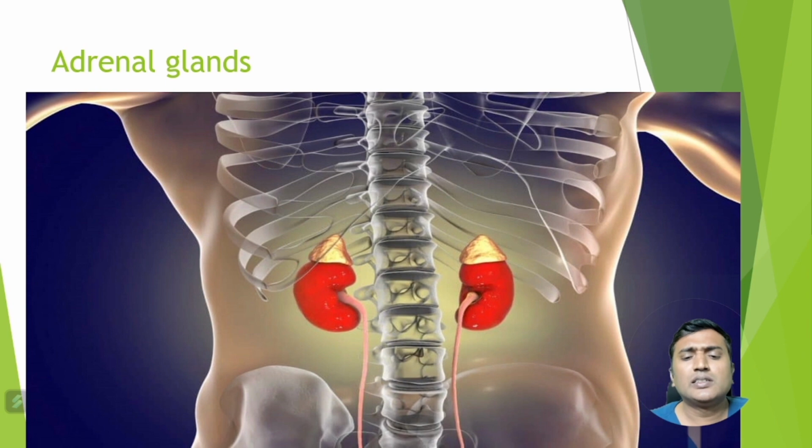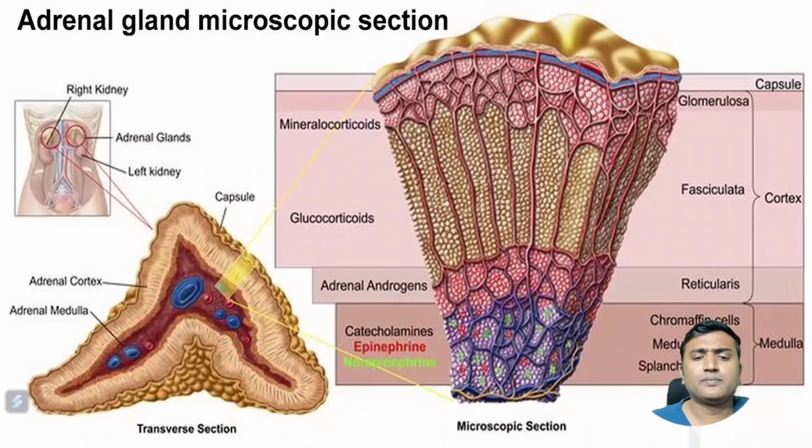Where are these adrenal glands in the human body? They are present above the kidney. The adrenal gland has a cortex on the outer part, and the medulla is inside the cortex.